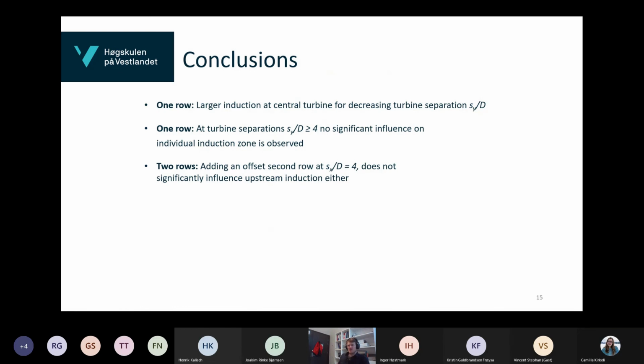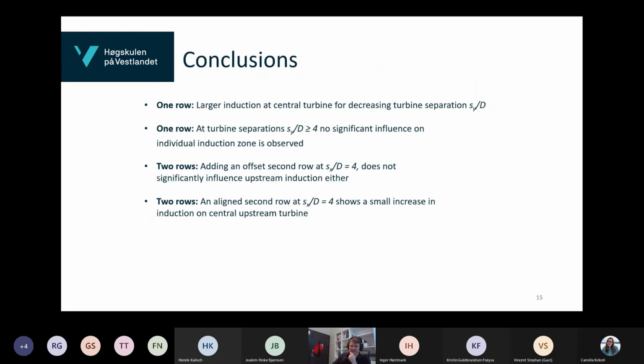For this 2-row wind farm, we tested 2 offset setups and an aligned setup. And for the offset setup, we didn't see any significant influence on the upstream induction zone either. But for the aligned setup, we saw a small increase in this induction on the central upstream turbine, or basically also all the upstream turbines.